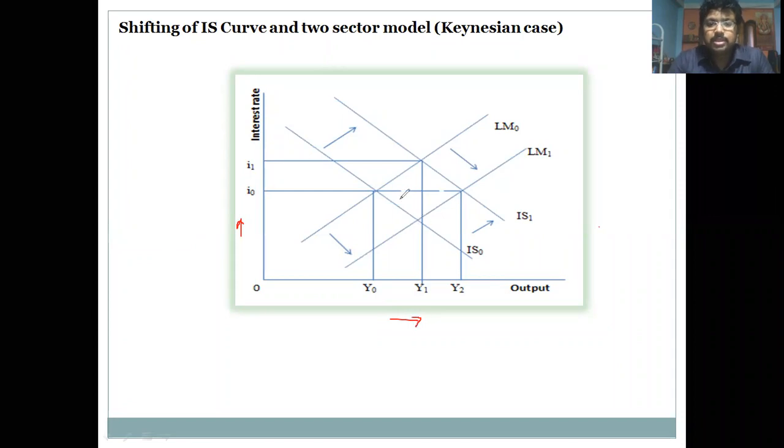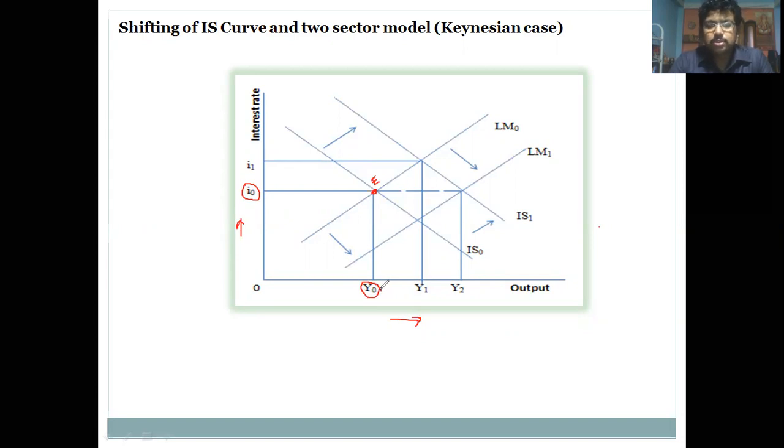Now, this is the initial equilibrium, where the goods market and money market are both in equilibrium. So here the interest rate is i0 and the level of real output is Y0.